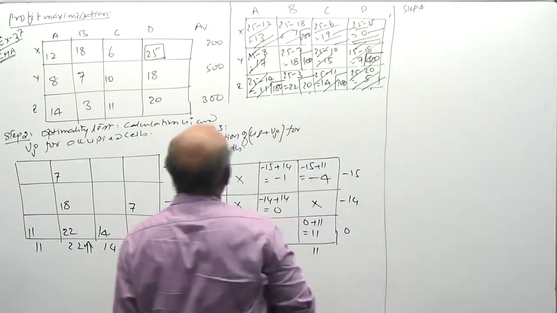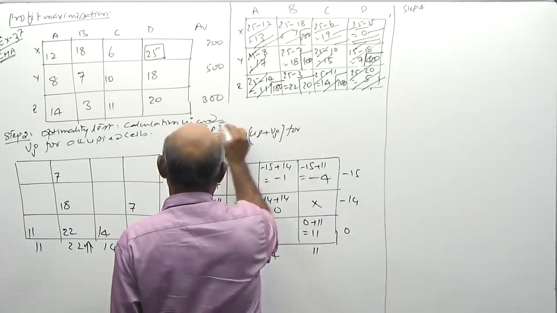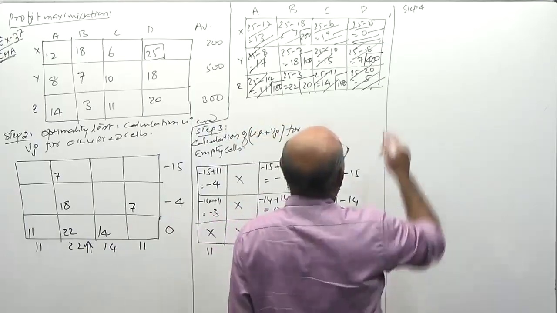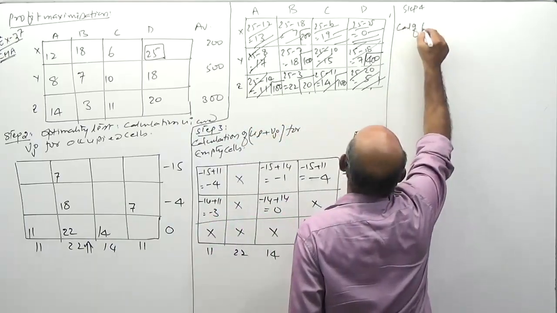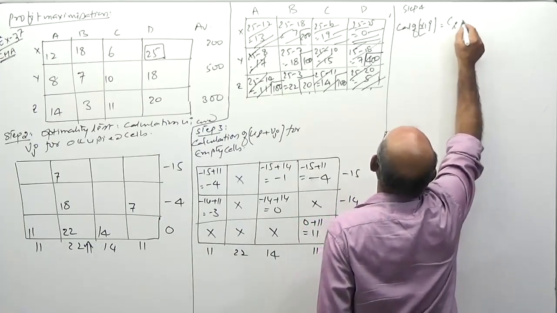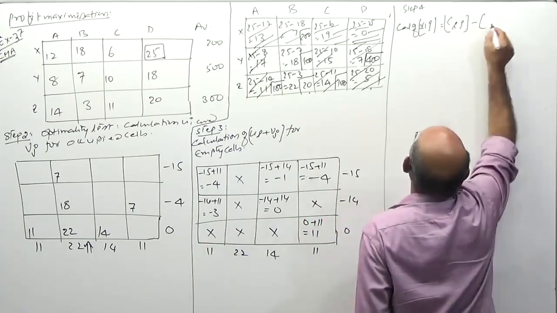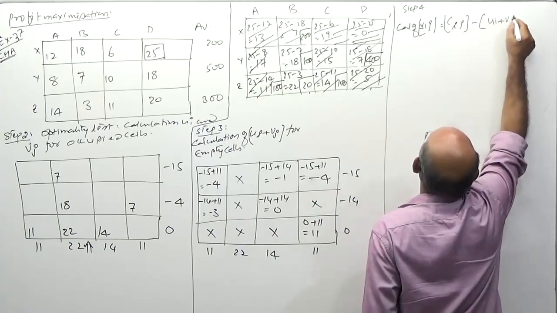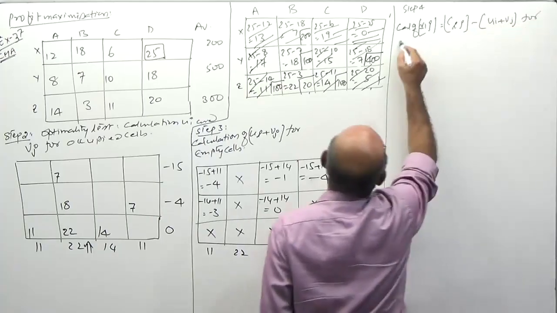Step number 4. Calculation of Dij matrix. This is equal to Cij matrix minus Ui plus Vj for empty cells.